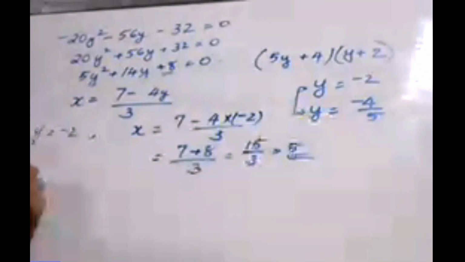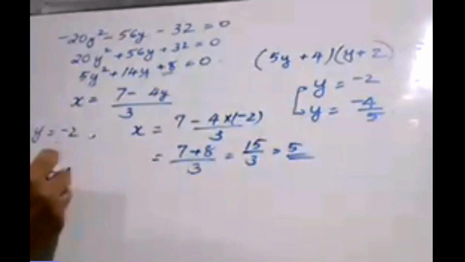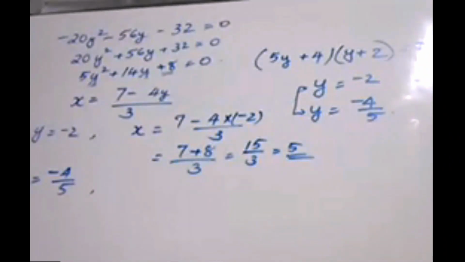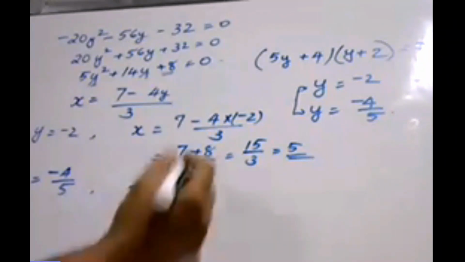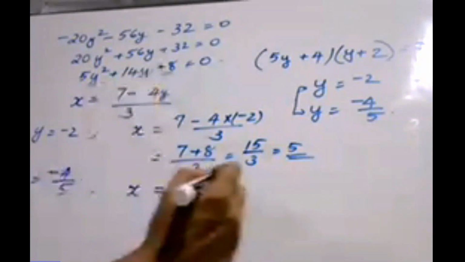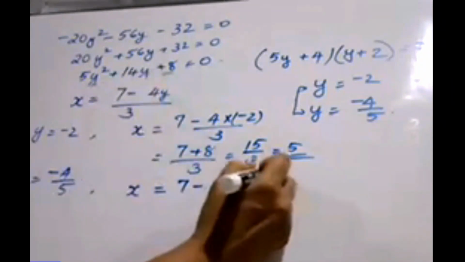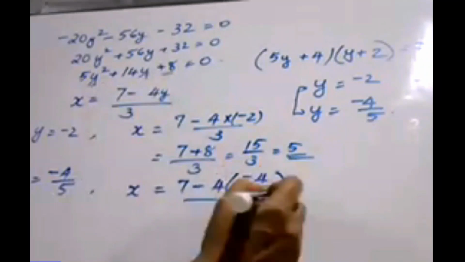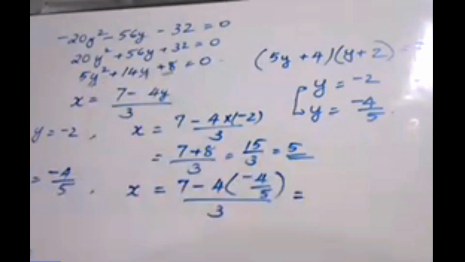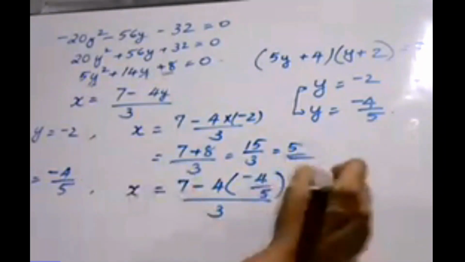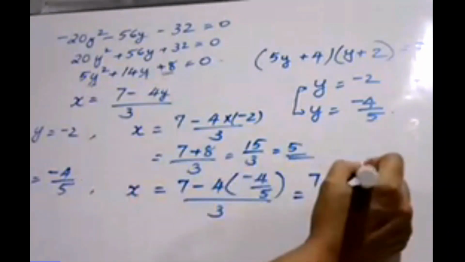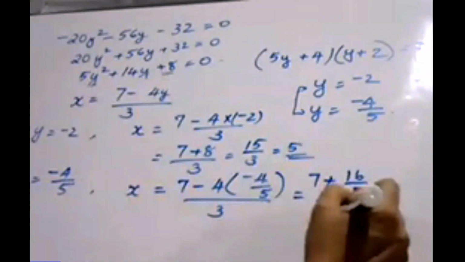The next is when y is equal to negative 4 over 5. We get x is equal to, you substitute for y, the same thing, 7 minus 4 times negative 4 over 5, all over 3. This is equal to 7 plus 4 times 4 is 16 over 5, over 3.